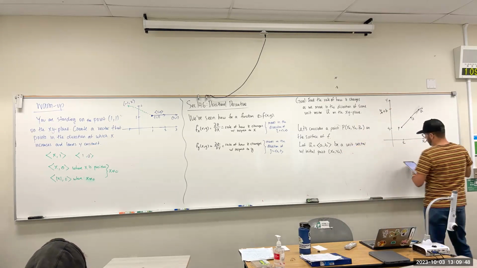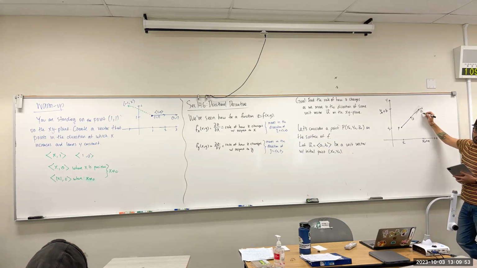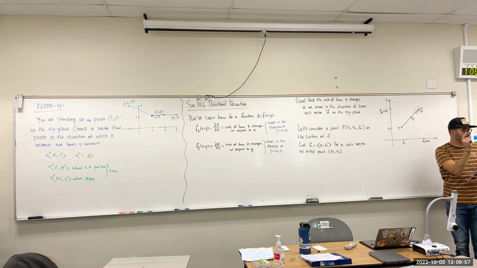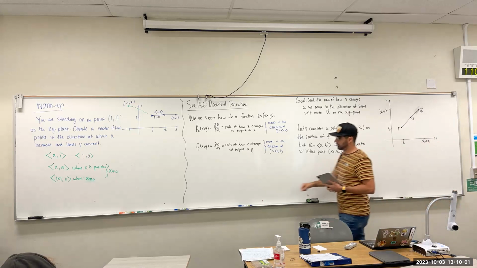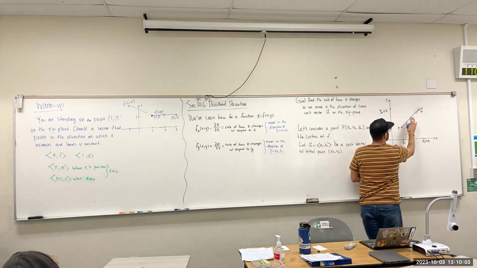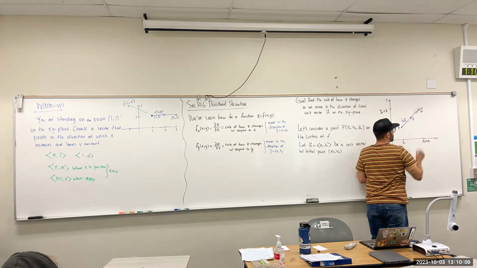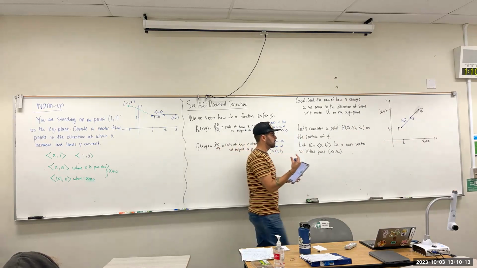But here's what we're going to do. If you see that picture, we're going to take a scalar multiple of u so that we make it smaller, and we're going to multiply it by the scalar h. So this vector from here to here is going to be vector h times u. It's scaling it down, making it a little smaller.